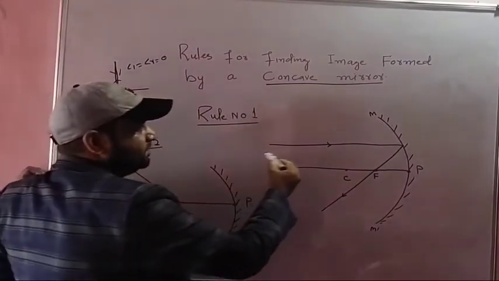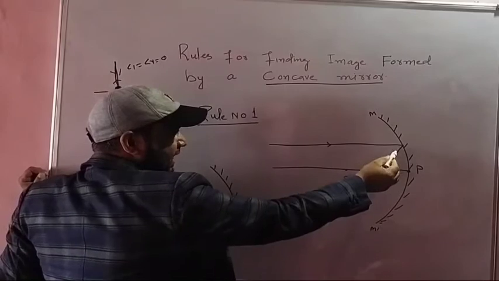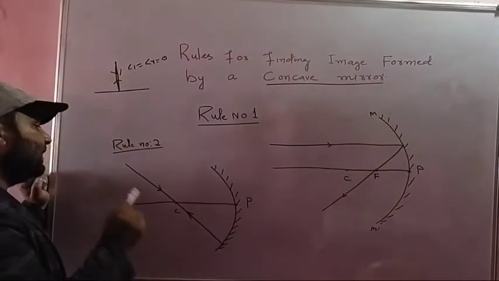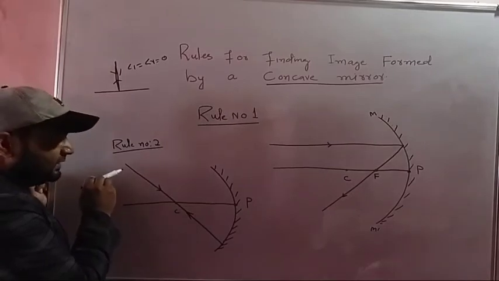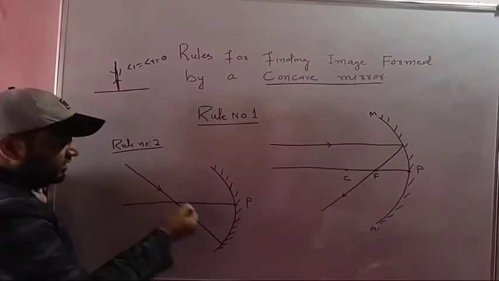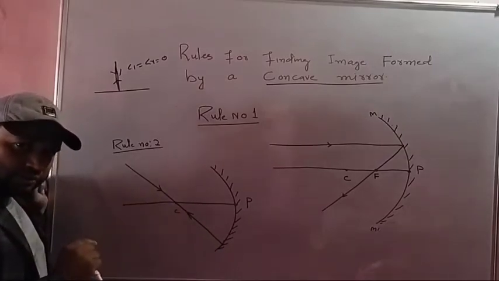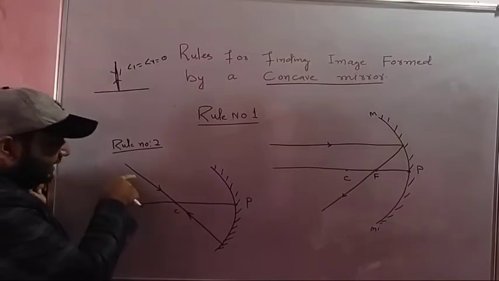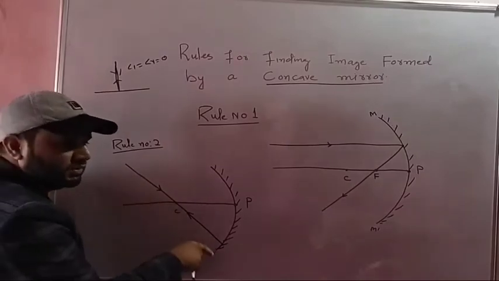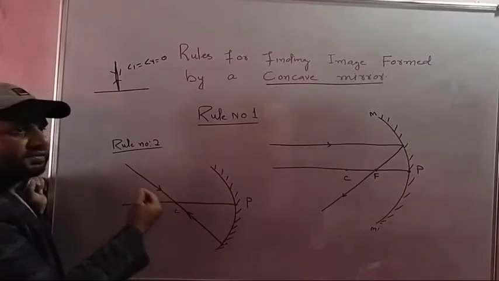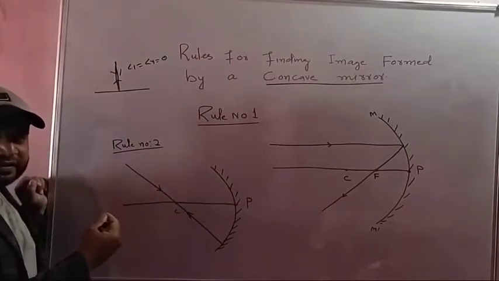If the ray of light is parallel to the principal axis, it has to pass through the focus. ये मैं नहीं कह रहा हूँ, but it is a rule. Rule number second is: if the ray of light is incident such that it passes through the center of curvature, after reflection it will retrace its path. कोई आपसे पूछेगा सर क्यों? Because at that point, the incident ray is normal to the mirror. When the ray is normal to the mirror, it will retrace its path.